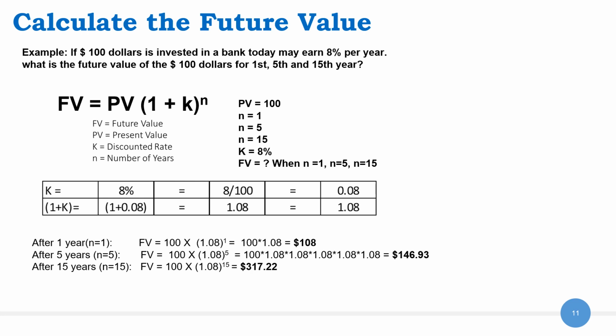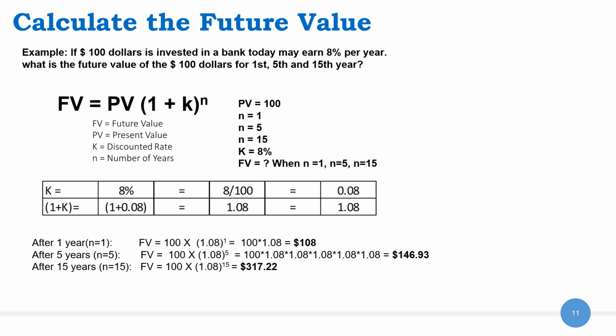We have to calculate for these three years. 8% means 8 by 100, that is 0.08, which means the k value is 0.08. The $100 invested in the bank is the present value they have given.